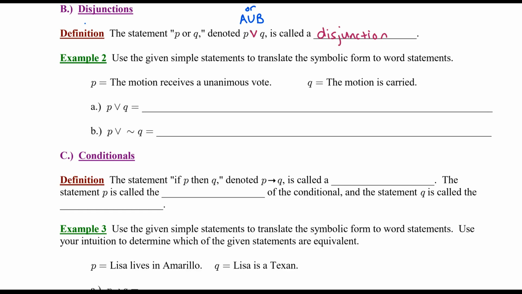Use the given simple statements to translate the symbolic form to word statements. Let P represent the simple statement, the motion receives a unanimous vote, and Q represents the motion is carried. We want to translate the symbolic statement P or Q into words. So we'll start with the statement P. The motion receives a unanimous vote.